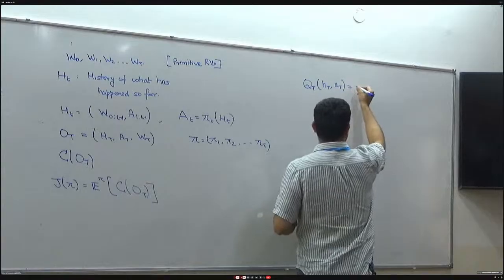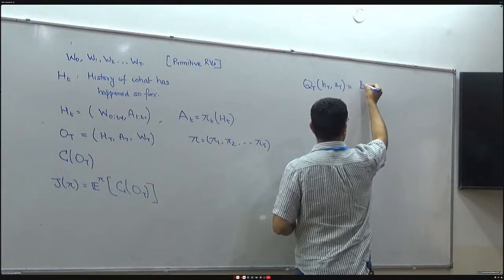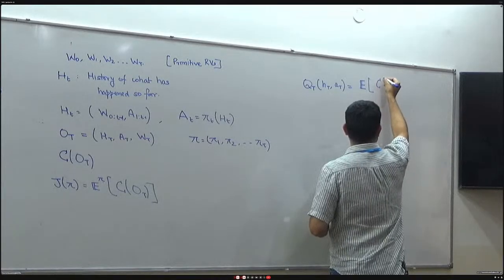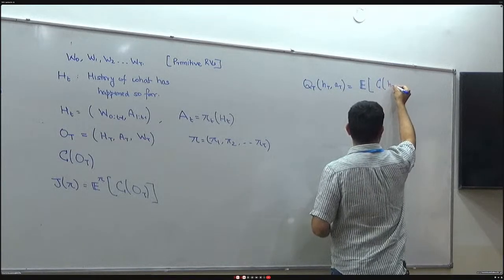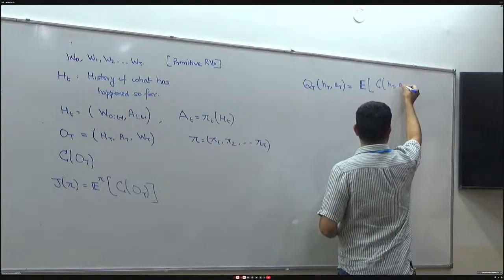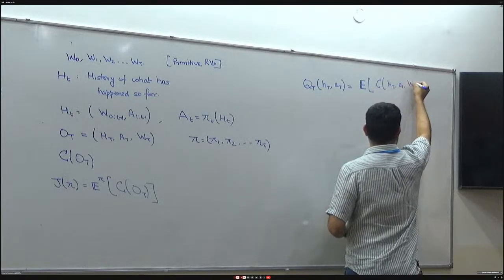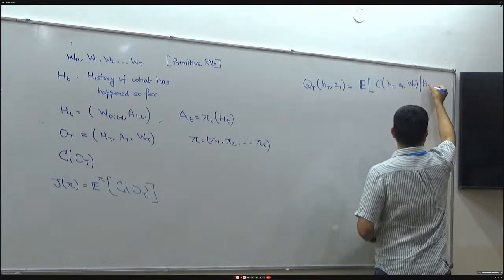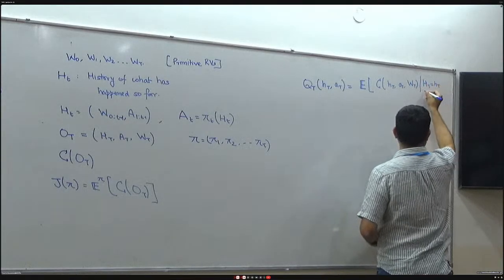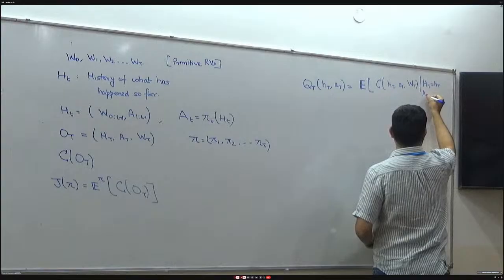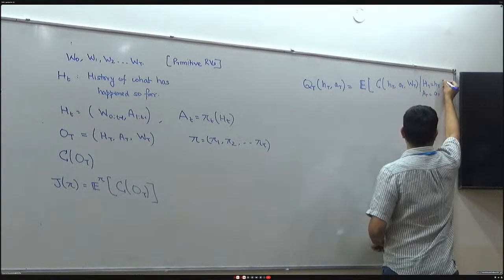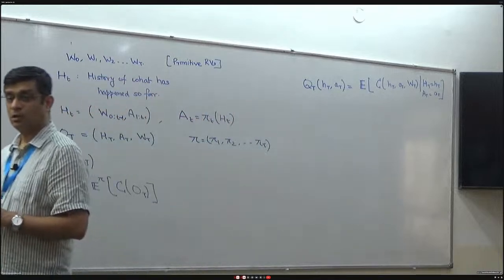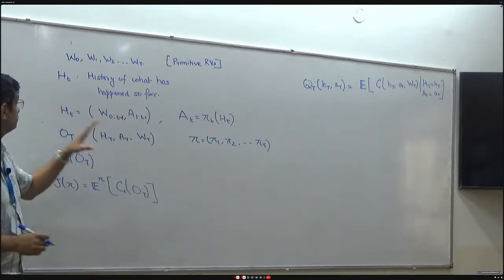I'll compute the expectation of the terminal cost, which depends on the history at that time, the action at that time, and W_T, conditioned on H_T being little h_t and A_T being little a_t.